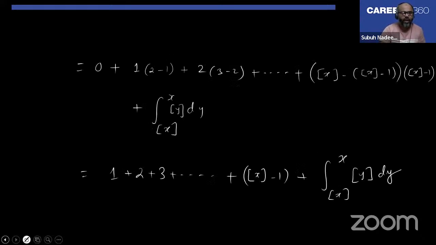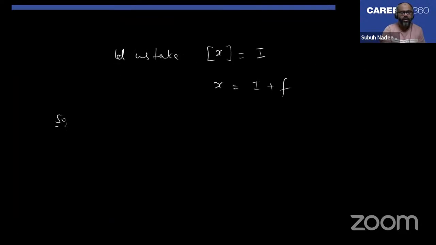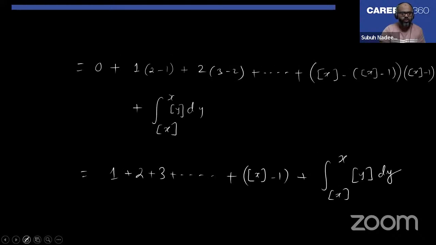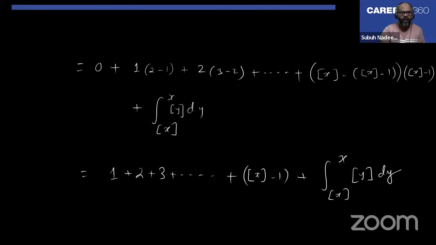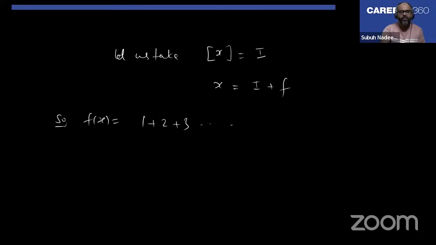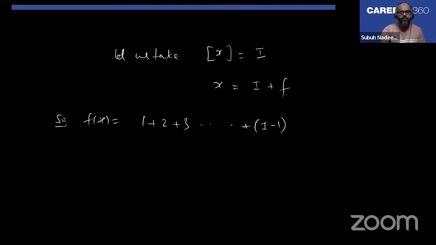So we can say that this f(x) can be written as 1, 2, 3, and so on, and this is greatest integer x minus 1, which will become I minus 1, and this will become the integral from greatest integer of x, which is I, to x, which is I plus f, of greatest integer of y dy.